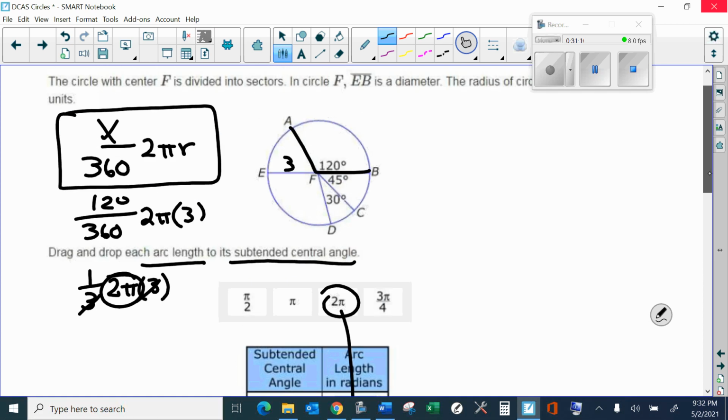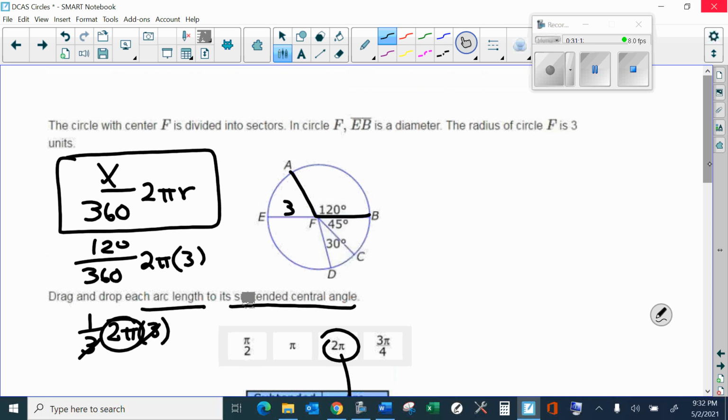BFC. BFC is 45 degrees. So 45 over 360 times 2 pi r, which we already know is 3. 45 goes into 360 8 times. So that's 1/8. Of course, you could just type all this in a calculator and you would leave the pi out.